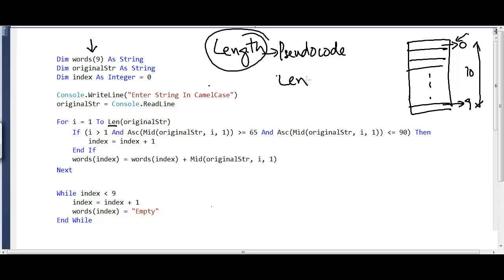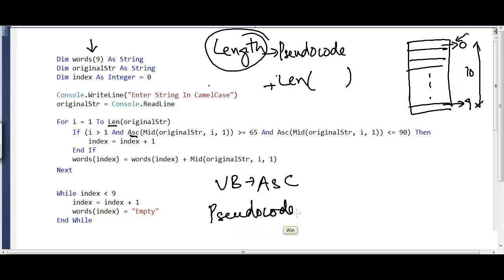So this is how the length function is called in Visual Basic. The ASCII function also is spelled as ASC in Visual Basic, but in pseudocode we had the same function named as ASCII. These are the only minor differences.